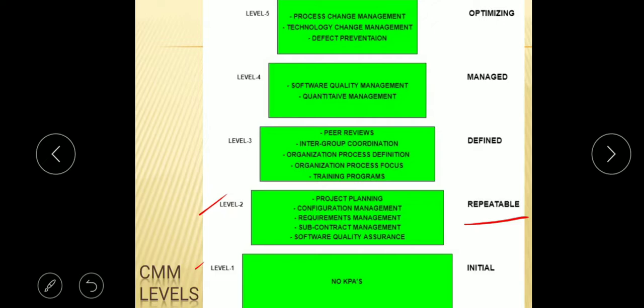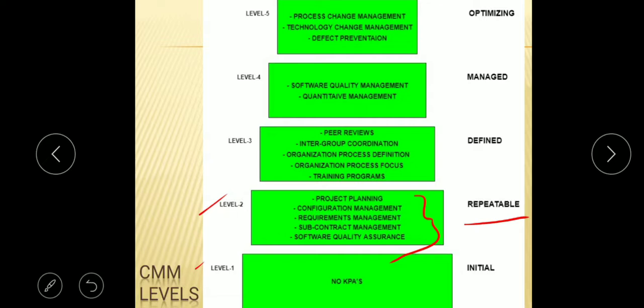Project planning, configuration management, requirements management, subcontract management, and software quality assurance are the parts of this repeatable level, or CMM level 2. Its processes are characterized for projects and are often reactive.